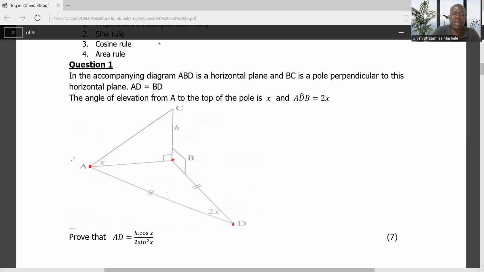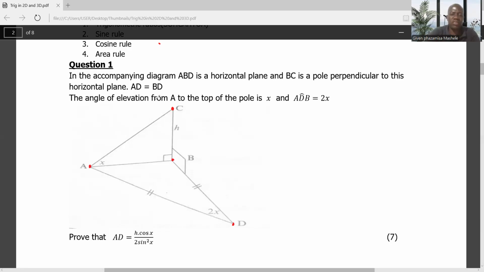And BC, from B to C, is a pole which is perpendicular to this horizontal plane. And now we are told that AD equals BD. AD and BD are equal, so the sides from A to D and from B to D are equal.